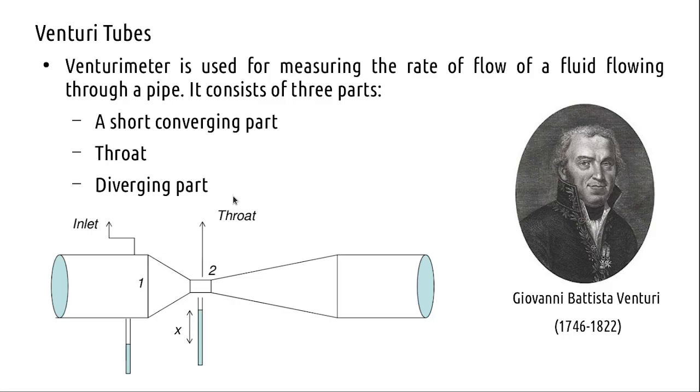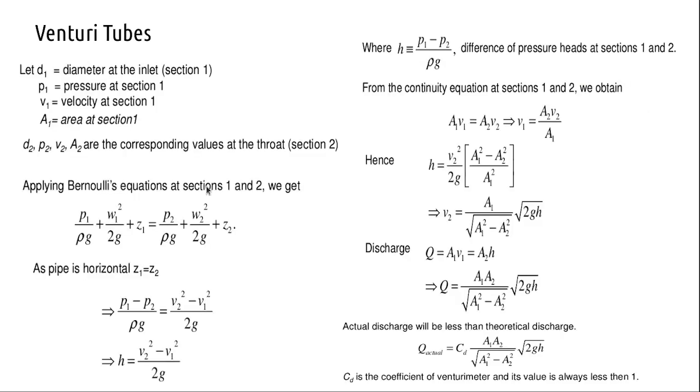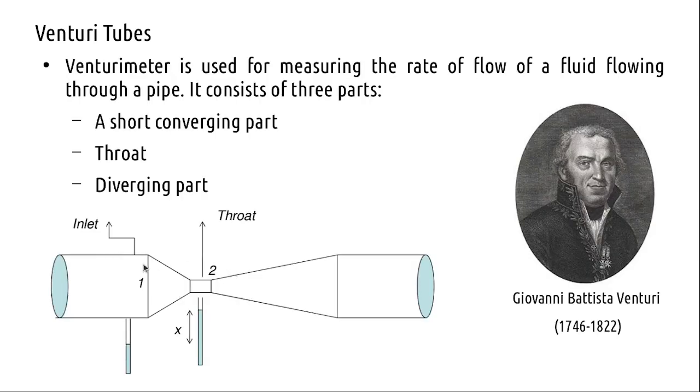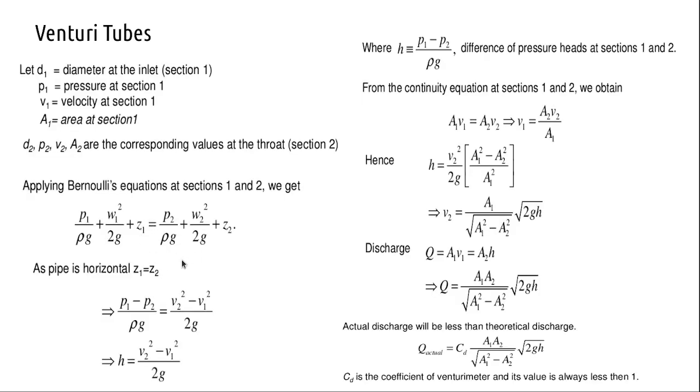It's from a 19th century person, and we will apply expressions that are more or less the same as for the orifice plate. Basically, you apply Bernoulli's equation at the two sections, section 1 and section 2, that means at the constriction and at the initial part, and you balance them.